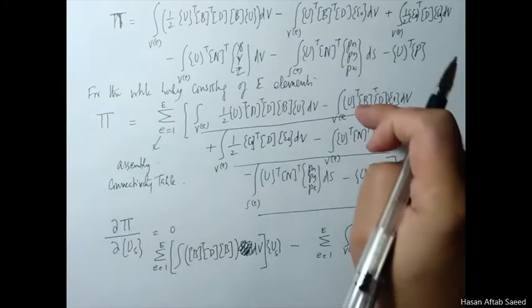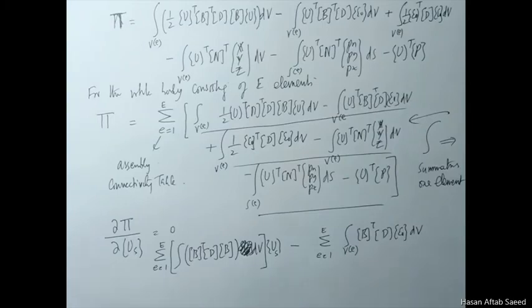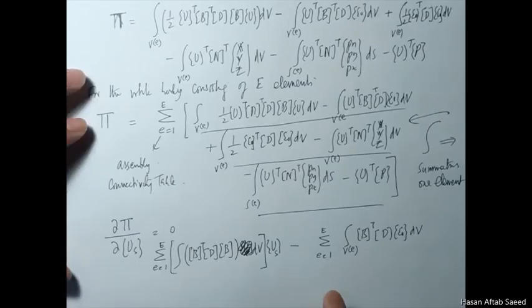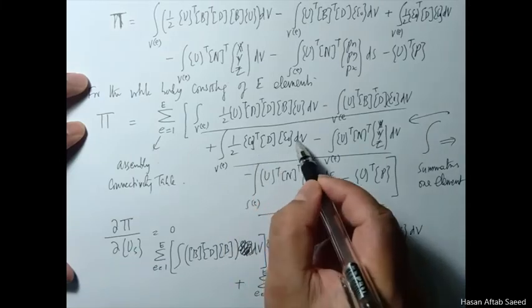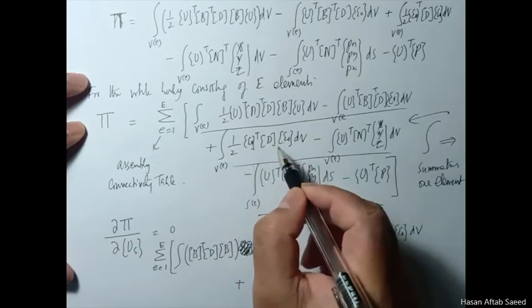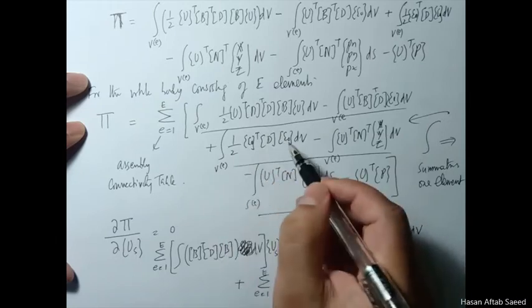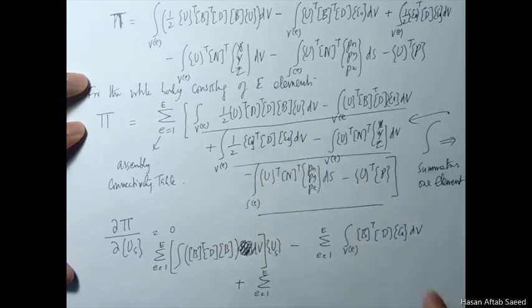This is the only thing we get, because this vanishes. Now move on to the next. Do we get anything here? We differentiate with respect to u. There's no u here, so this doesn't matter. This just goes away.